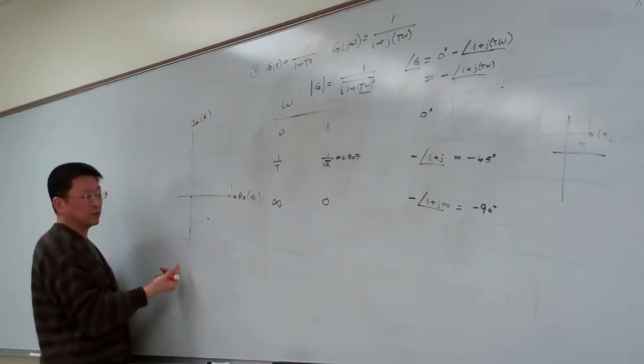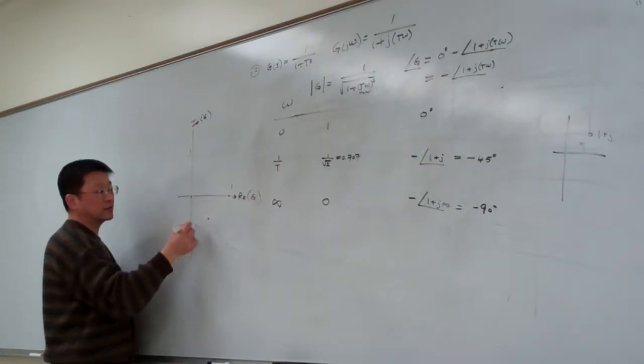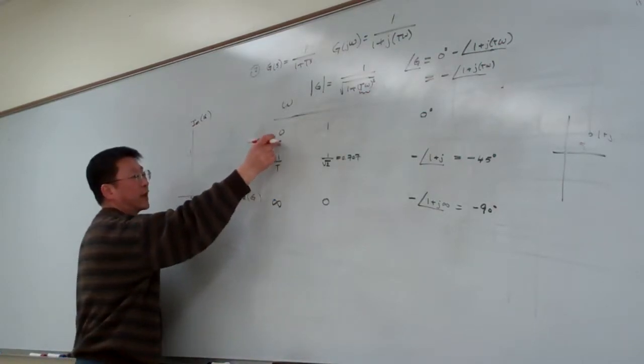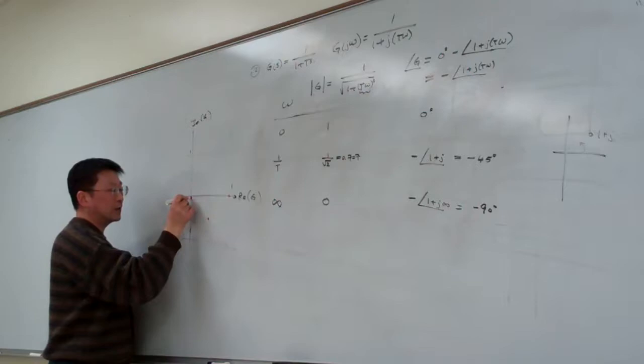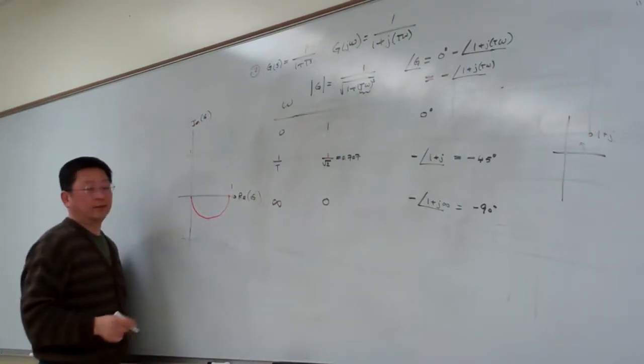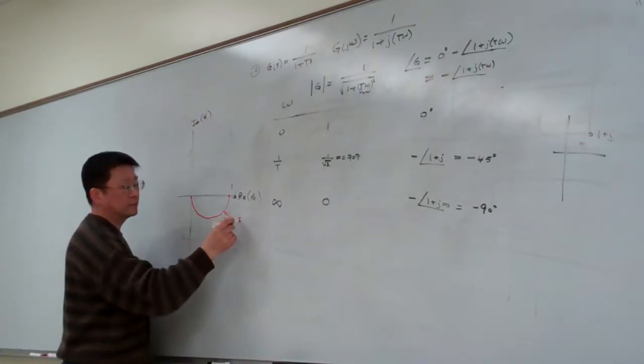So basically we converge to the origin from the bottom up. Okay, so that is here. And then if you do this carefully, you have more points added up, then you can have a very good drawing. Basically, I can tell you this is a part of the circle.